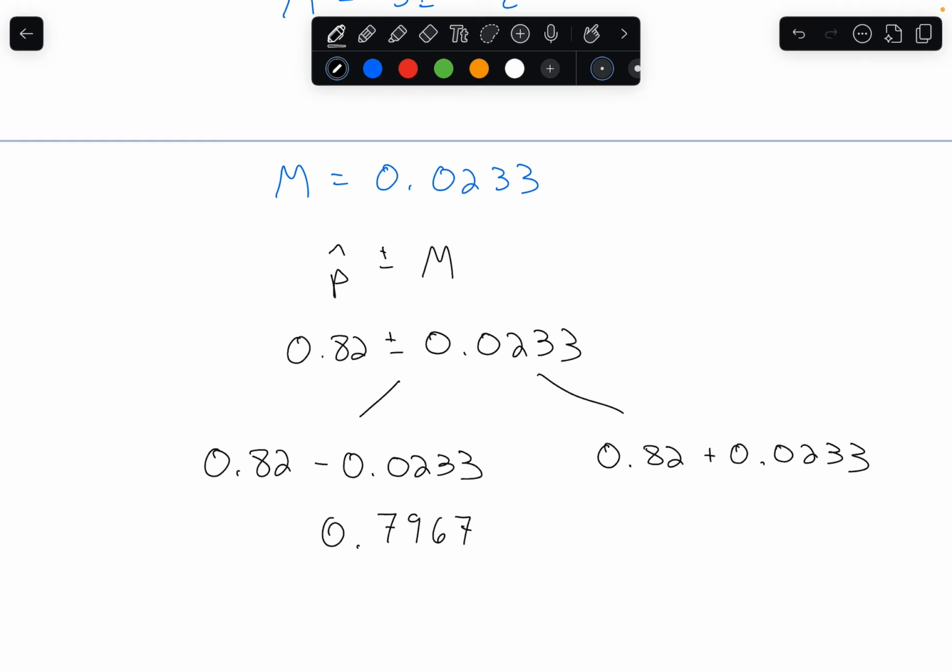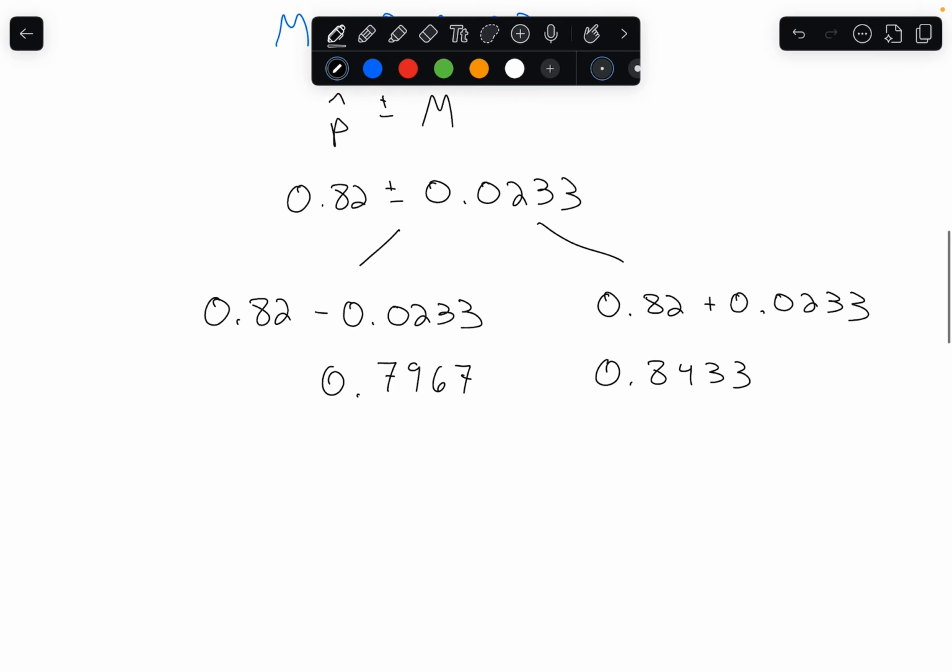And then for my upper bound, I'm going to do the positive case, the plus case. So I want 0.82 plus 0.0233, and that will give me 0.8433. Now, when we write our confidence intervals, most often we'll be writing those in interval notation.